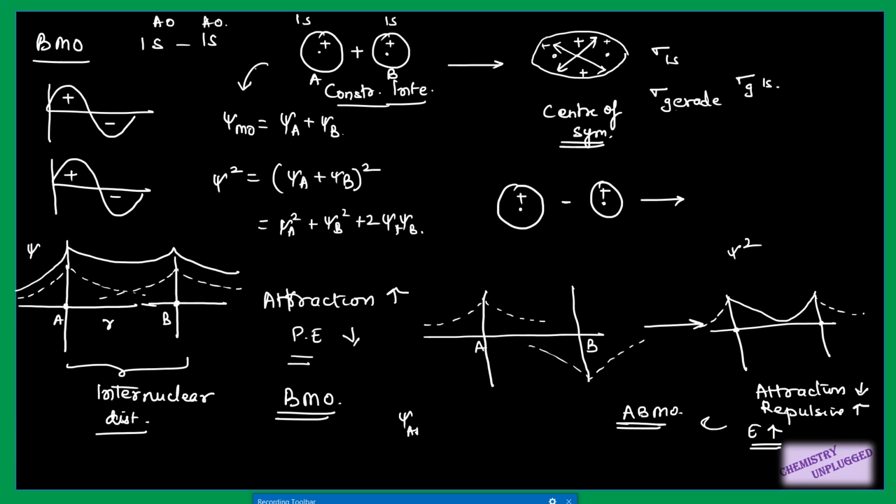Suppose we have this one, or you can write it simply like this, that they are mixing together like this, and when we take the square of it to determine the electron density, there is a net decrease in the wave function, right? Meaning electron density will decrease ultimately. Or you can say that between this internuclear distance there is a net decrease in electron density.